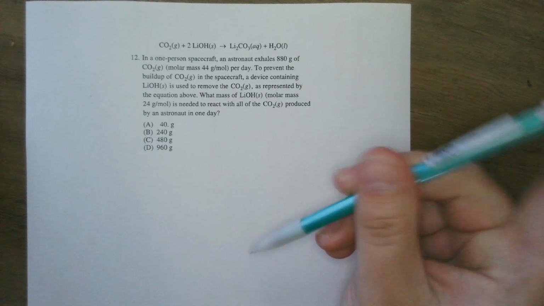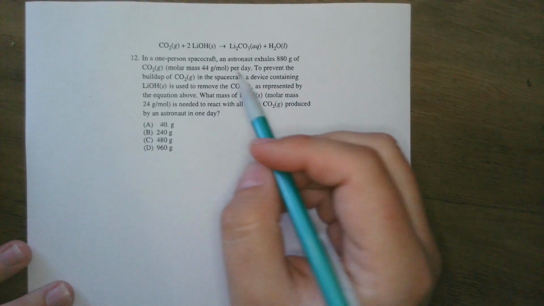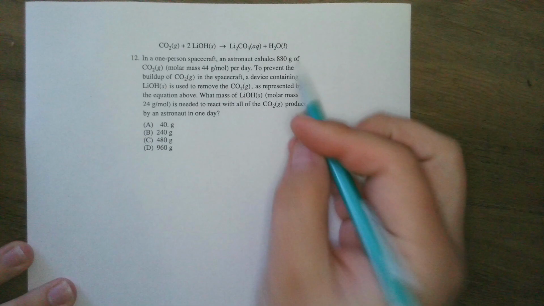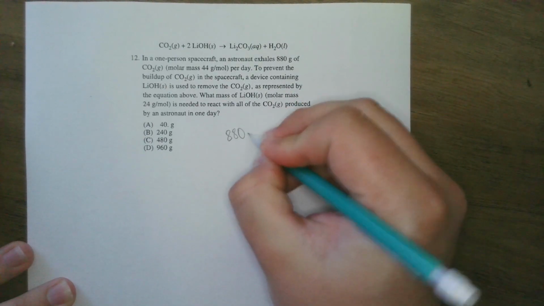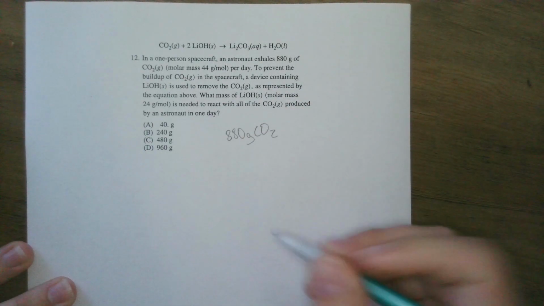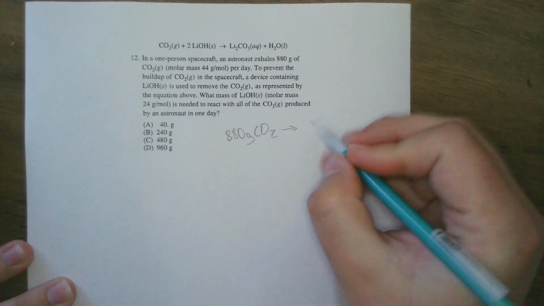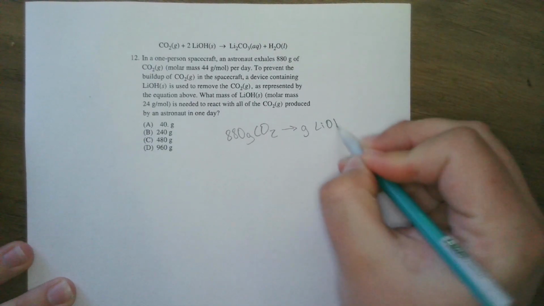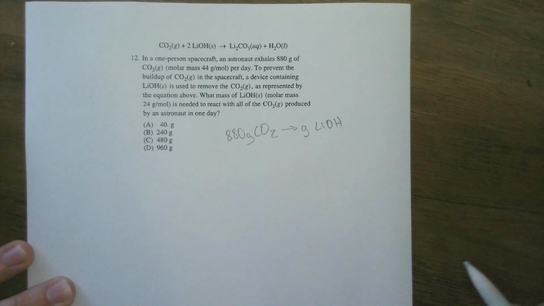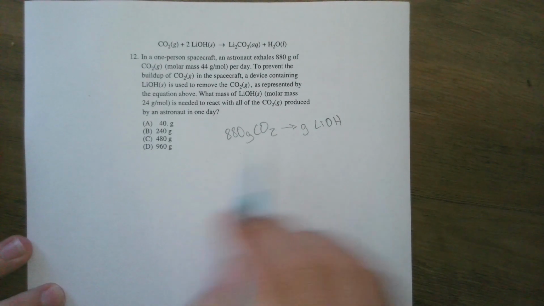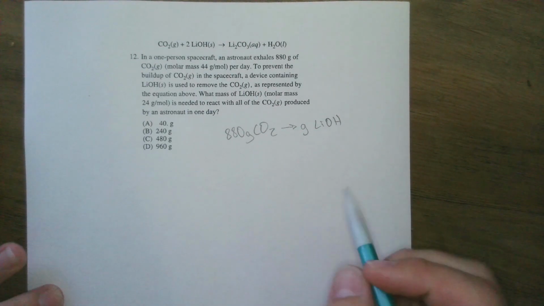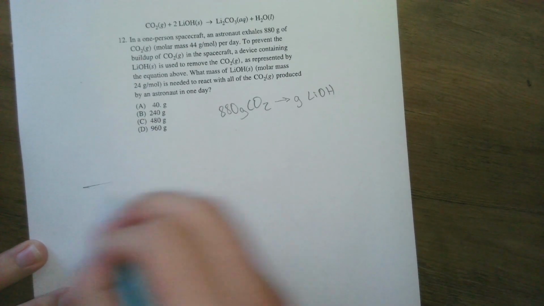So this is going to be like a train track problem. I have 880 grams of CO2 per day, and I need to see how many grams of LiOH I need to react with that fully. So I'm just going to do a train track converting grams of CO2 into grams of LiOH.